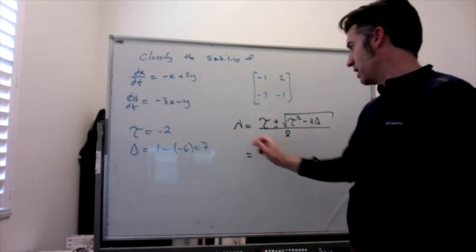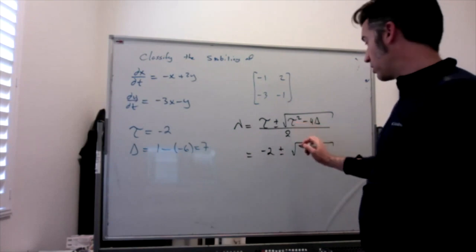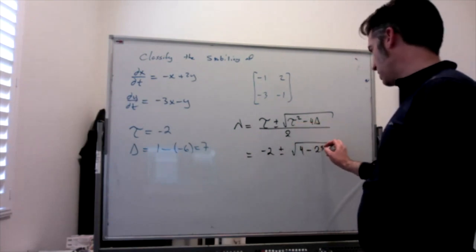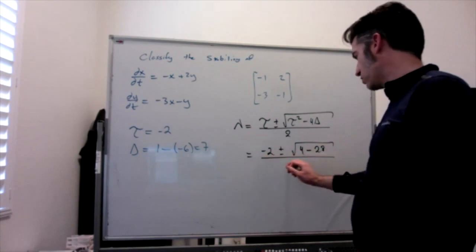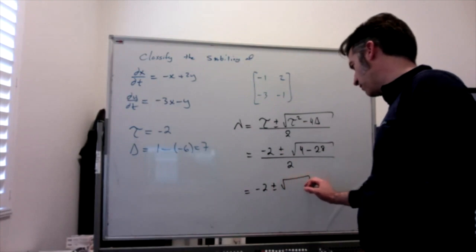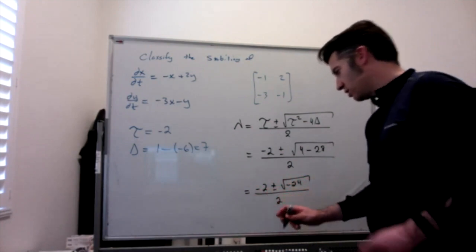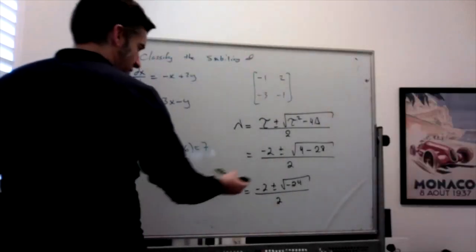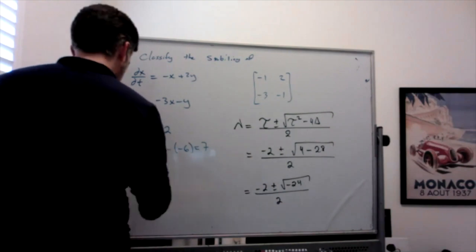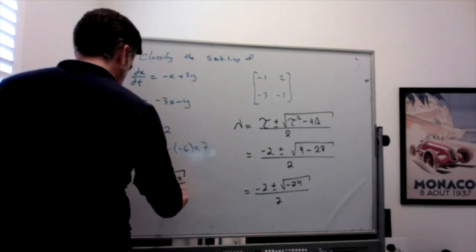That's going to be -2 plus or minus the square root of -2 squared is 4, minus 4 times 7 is minus 28, all over 2. So that's -2 plus or minus the square root of -24 all over 2. If you divide each part by 2, that's -1 plus or minus the square root of -24 over 2.